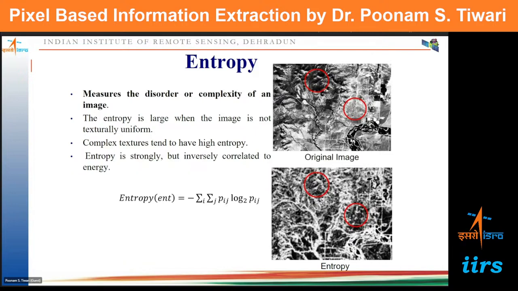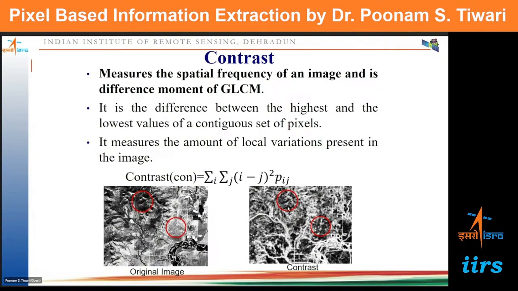So here you can again see the features that were coming black in the angular second moment, those features are having higher values in entropy. So including all these, you can do the feature extraction.